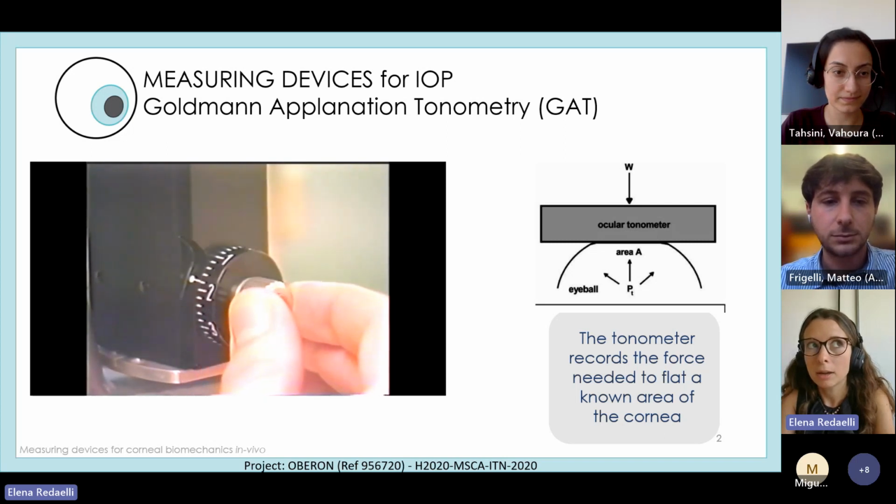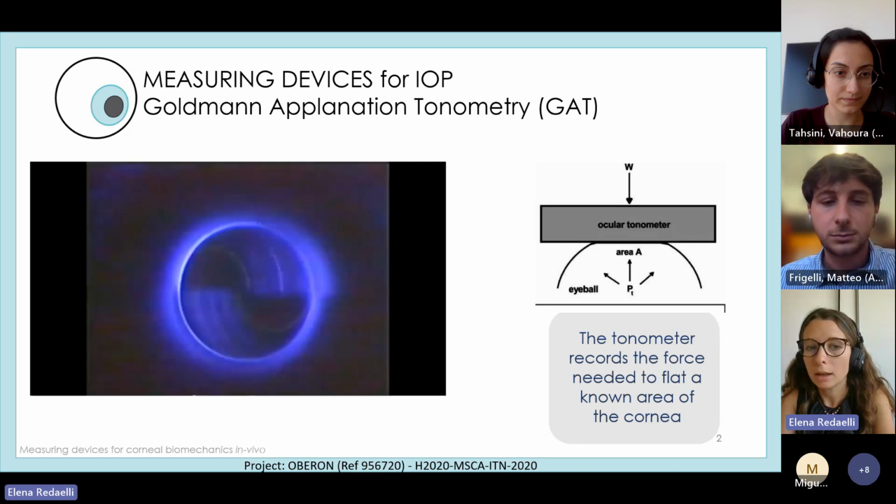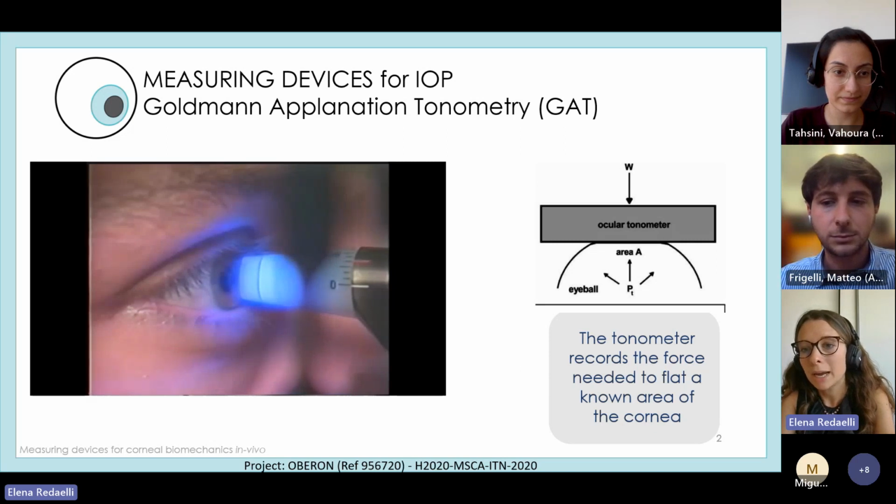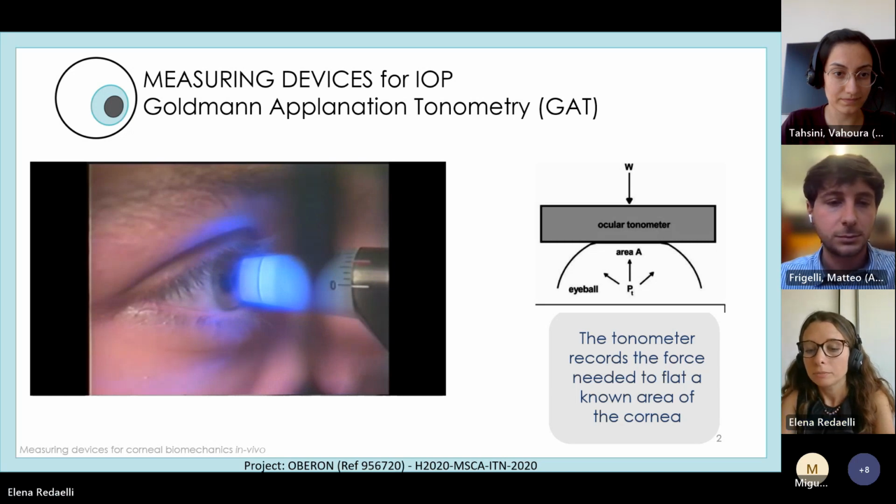That means that the external force measured is equal, by the Imbert-Fick law, to the product of the intraocular pressure and the applanated area.